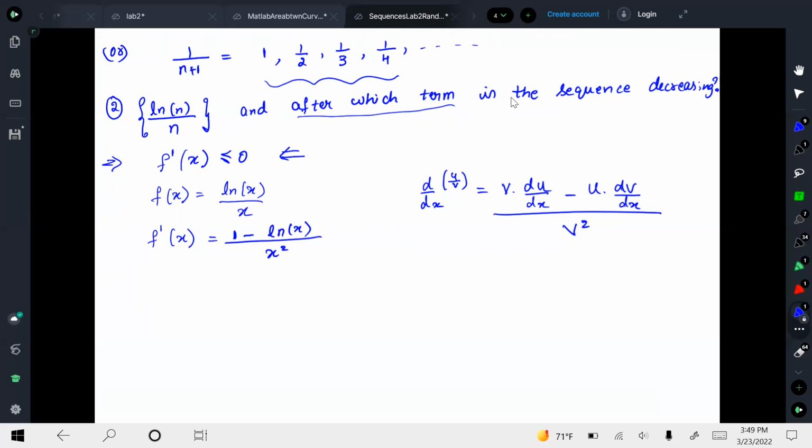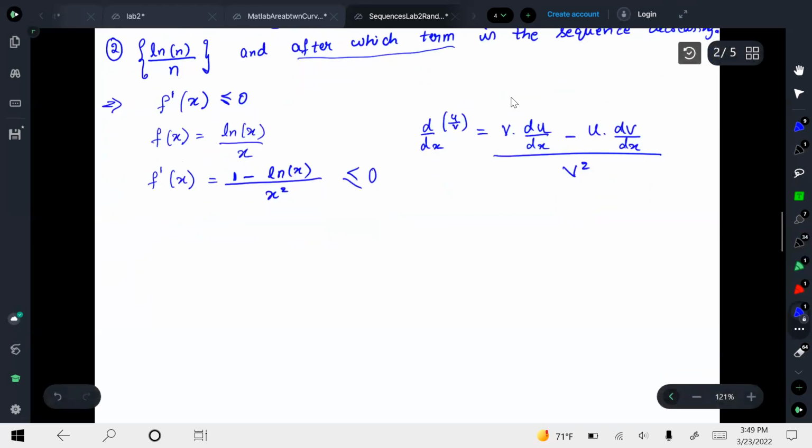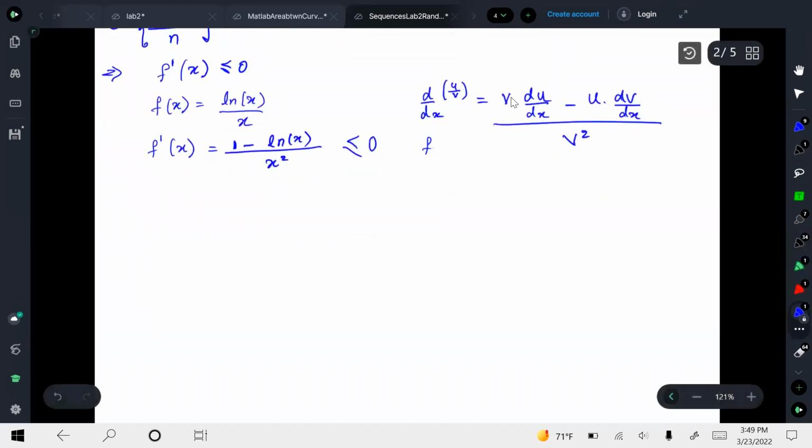And we have a condition that it has to be less than or equal to 0. Why? Because the sequence is decreasing, so the derivative has to be less than or equal to 0. Now we will take that information and find the value of x.